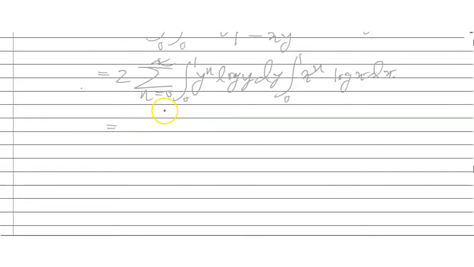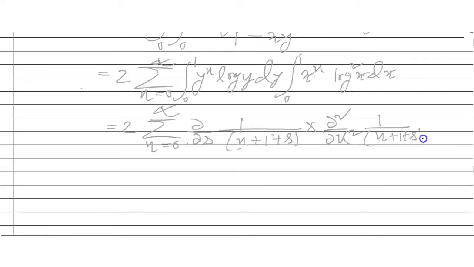So friends, these are log square x. Whatever we will do, we can write summation n equals 0 to infinity, del s y to the power, divided by n plus 1 plus s, writing in a very clear way, del s into n plus 1 plus s into del k square 1 by n plus 1 plus s.